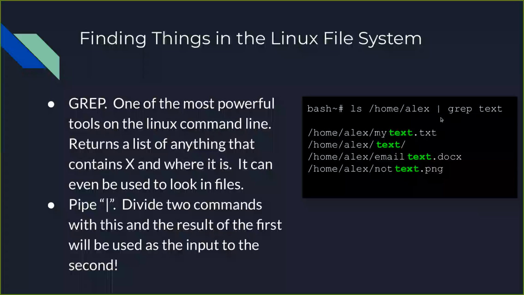The pipe key is essentially shift and the backslash character. And then I would type grep text. What this would print out is a list of all the files and folders that contain the word text. This way it'd make my life a little bit easier, because I wouldn't have to go looking through 3,000 files.